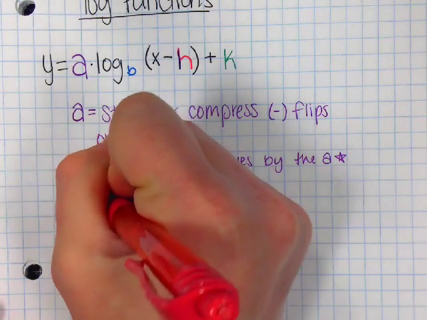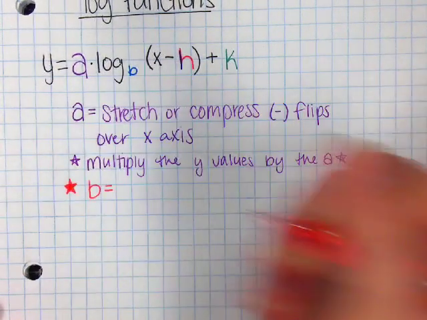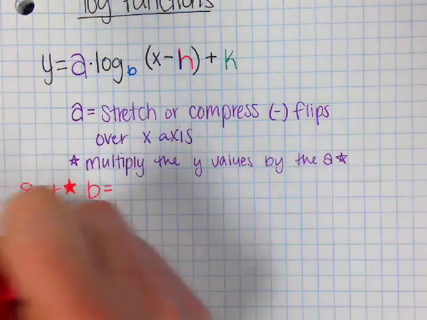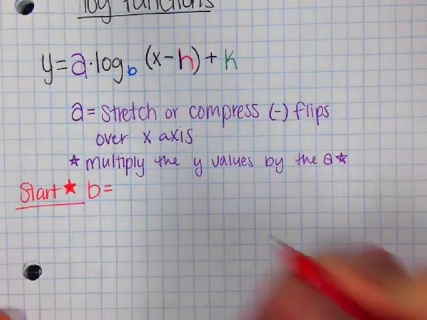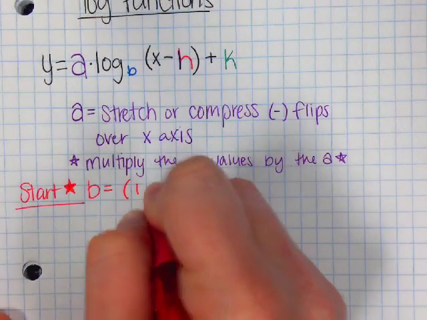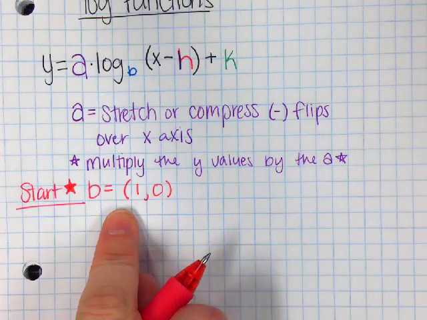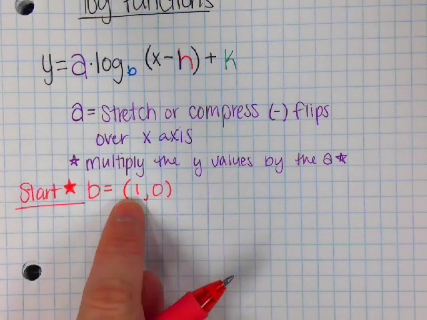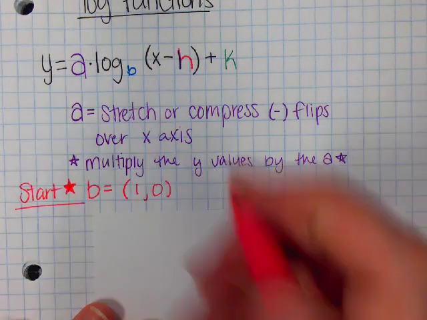So the b, this is where you're going to start. You always have to start with the b. So it's 1, 0. Every single log is going to go through the point 1, 0.